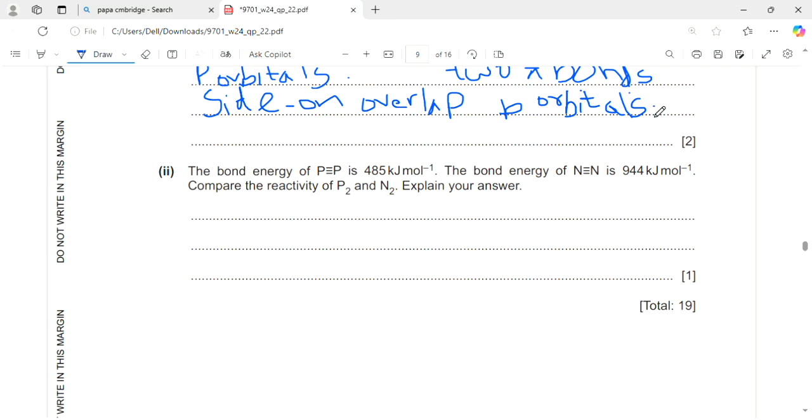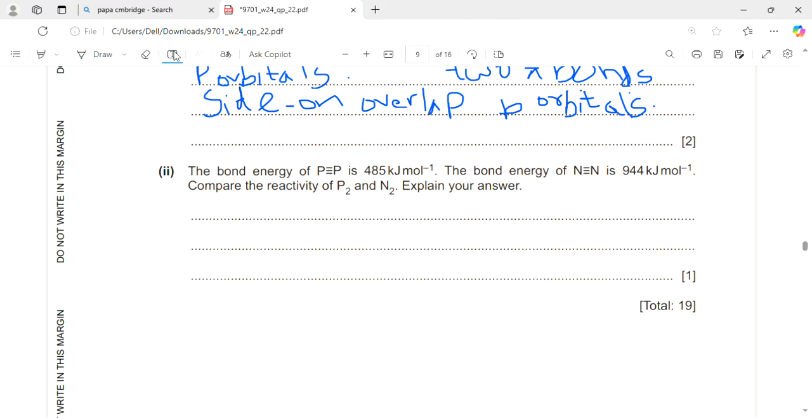The bond energy of P triple bond P is 485 kJ per mole. The bond energy of nitrogen N triple bond N is 940. Compare the reactivity of P2 and N2. Explain your answer.